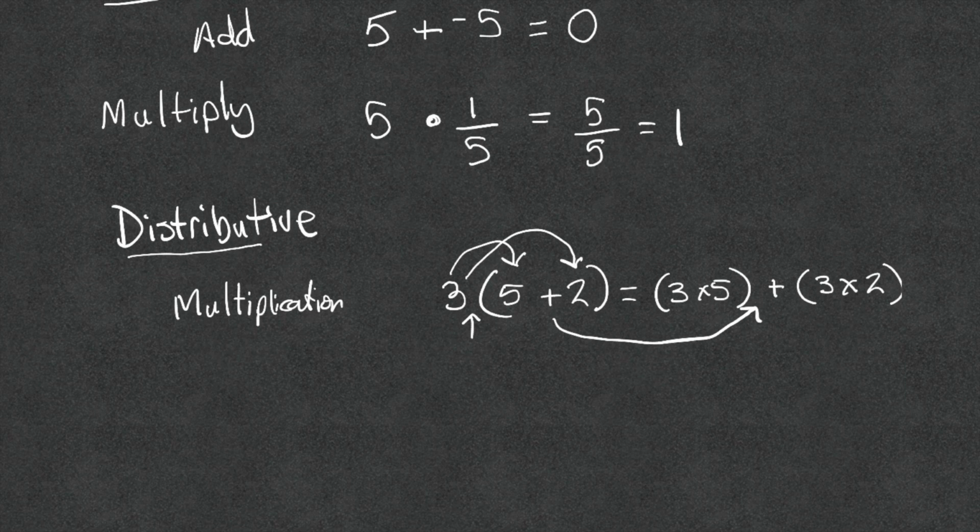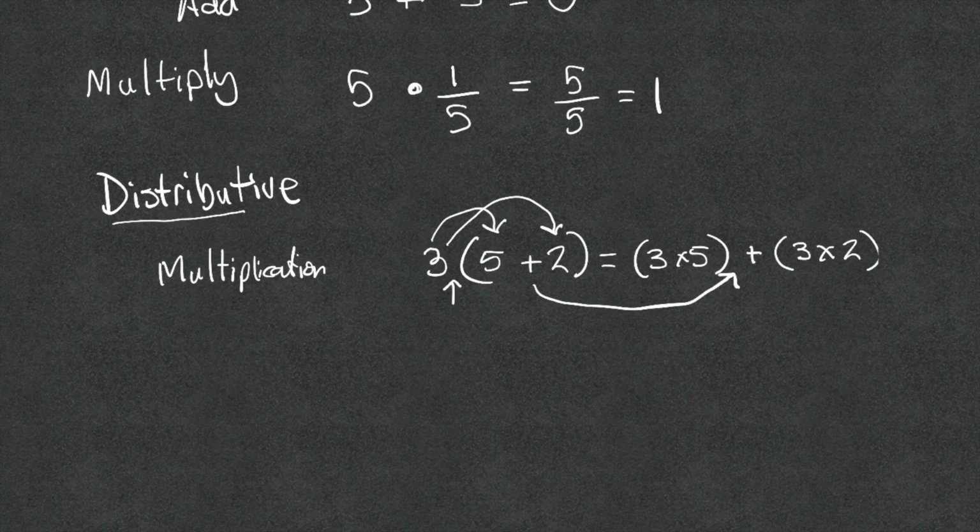Now, if I had given you this problem, you might have just added 5 and 2 and then multiplied it, which is fine. It's really most applicable in algebra like this. You can't add x and y, but what you can do is distribute that 3 to each term.